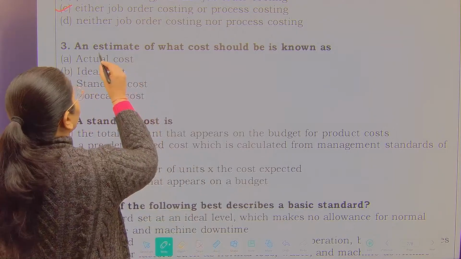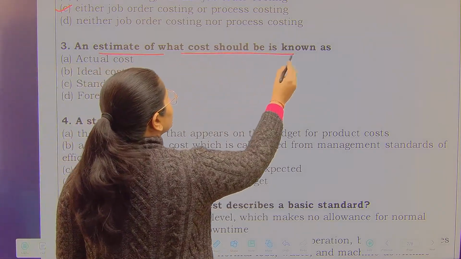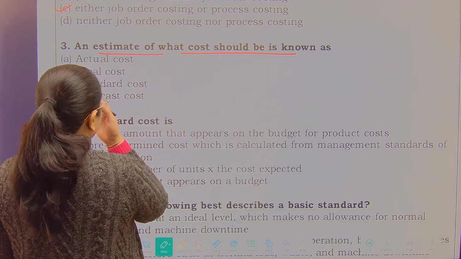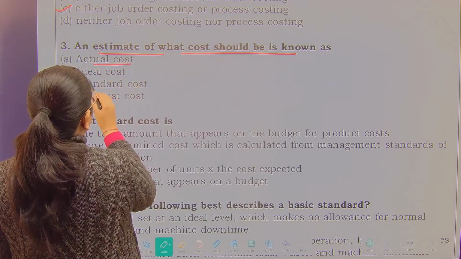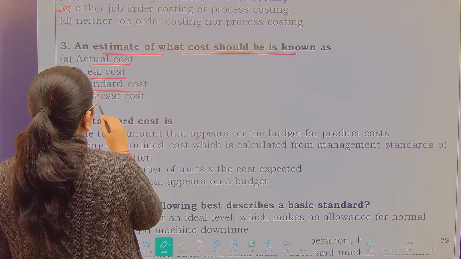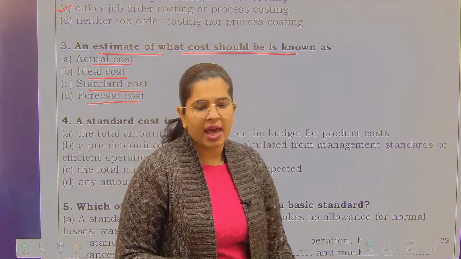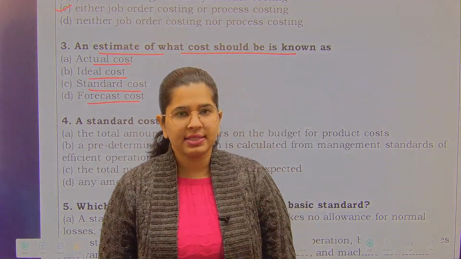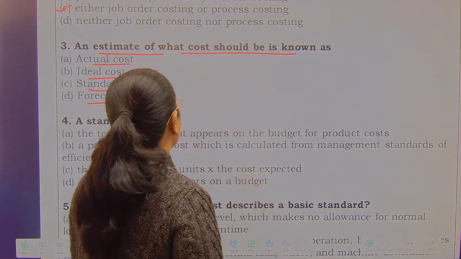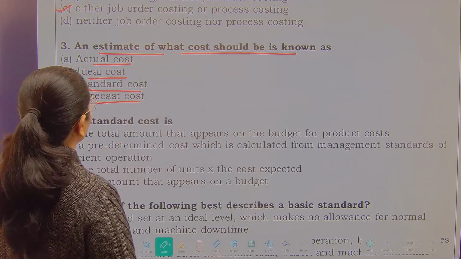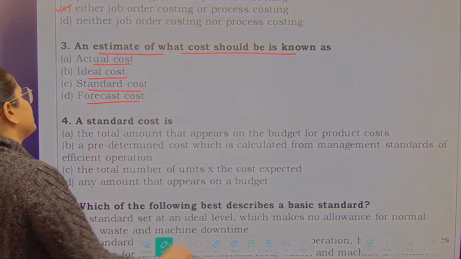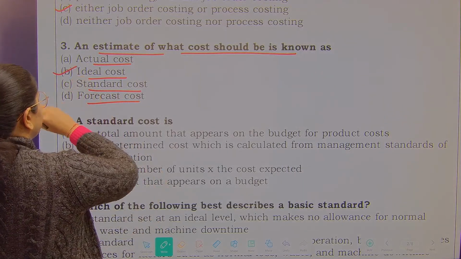An estimate of what cost should be is known as actual cost, ideal cost, standard cost, forecast cost. When you do the estimate of what cost should be, then it is known as what? Actual, standard, forecast, or ideal.